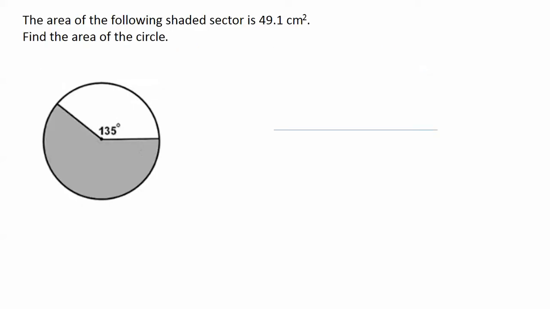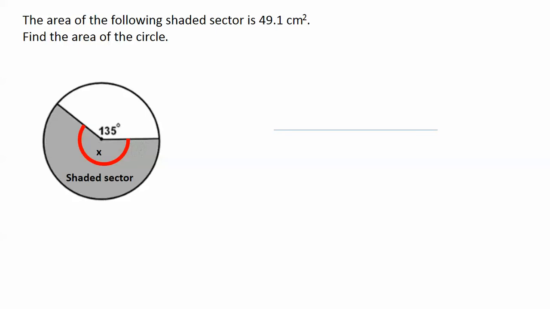Now let's find the area of the following shaded sector. Oh, excuse me. The area of the following shaded sector is 49.1 centimeters squared. Let's find the area of the entire circle. So our shaded sector is the sector at the bottom. So the x, the angle that I need, will be inside of the shaded sector.